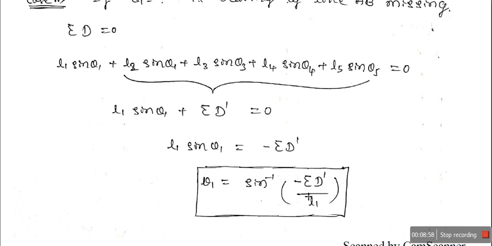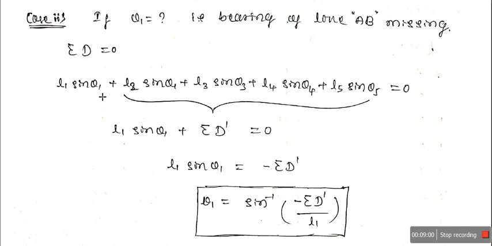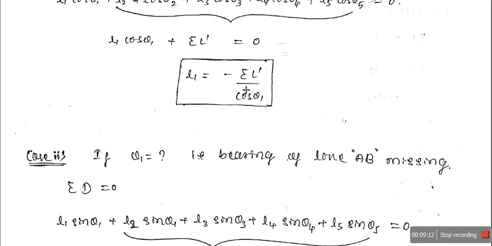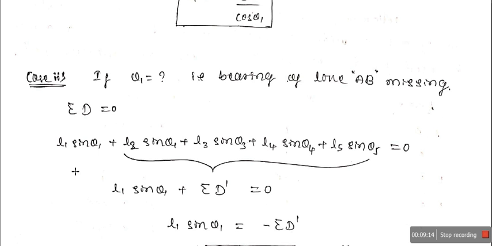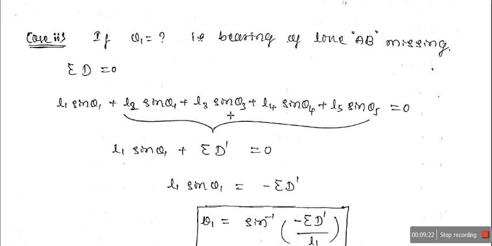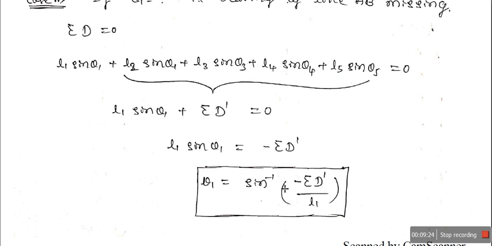Don't remember the formula, you can use this simplest formula here. You can write easily by simplifying this one, you will get this equation. It is not necessary to remember this formula as well as this formula. If you remember these equations, that is summation of D is equal to 0, you can easily simplify this one, you can get the theta 1 formula or L1 formula.